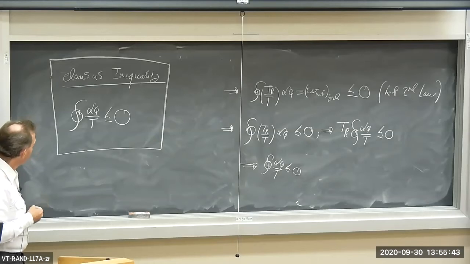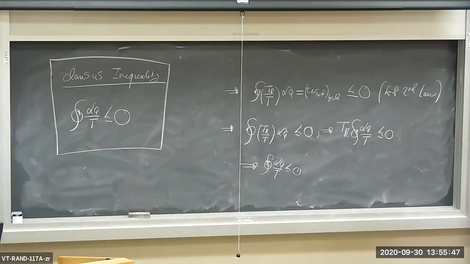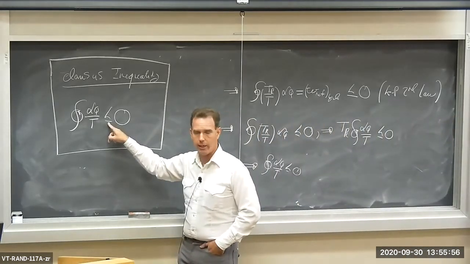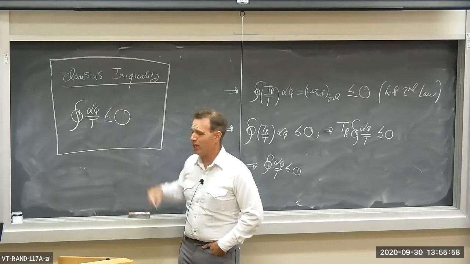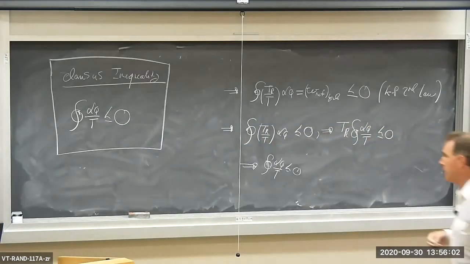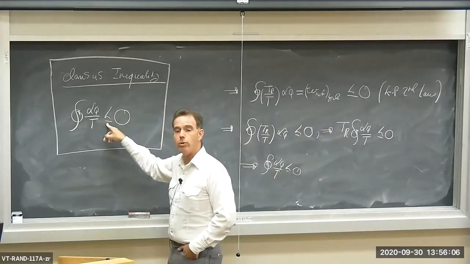Now, for those of you that are still a little woozy on this, maybe you're not very satisfied with this Clausius inequality instinctively, I don't blame you. It's weird. It's not an equality, it's got an inequality in here. This is not the best engineering equation to use because it's got an inequality in it. What do we do with this inequality? Don't worry.